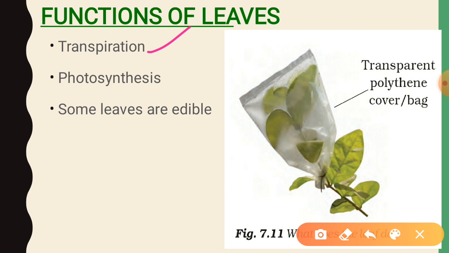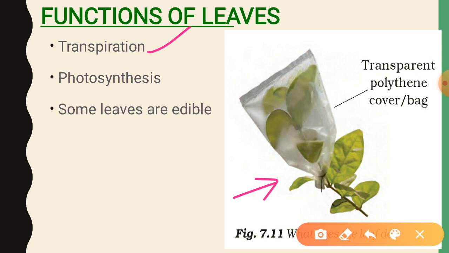Okay, so water comes out of a leaf in the form of vapor, and this process is transpiration. First of all, look at the picture here. A plastic bag has been tagged around some leaves, and after some time you will see this bag is moist. Why? Just because of transpiration, because these leaves are performing it.